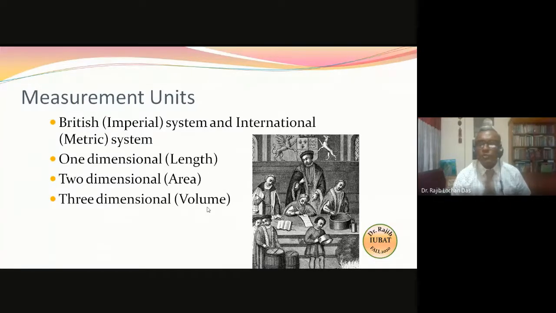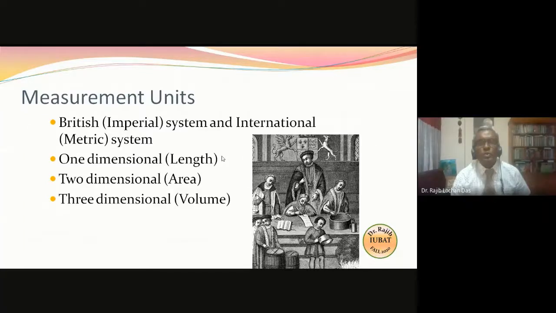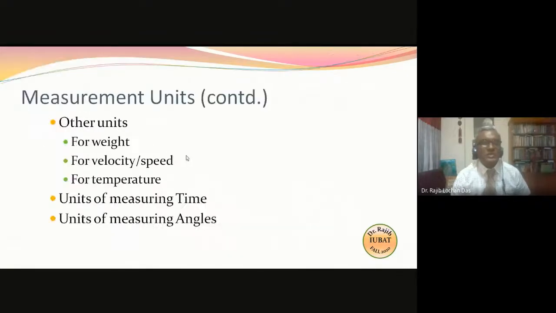That means volume, so it will be centimeter cube, like that. Do you understand what I say? Yes, sir. Okay, we will do some calculations tomorrow so that you will understand. Let me move to the next slide.